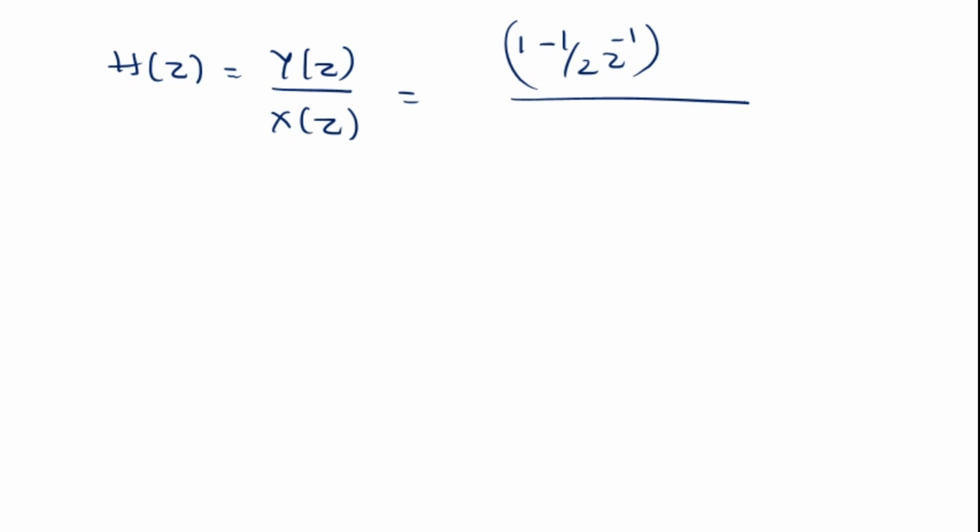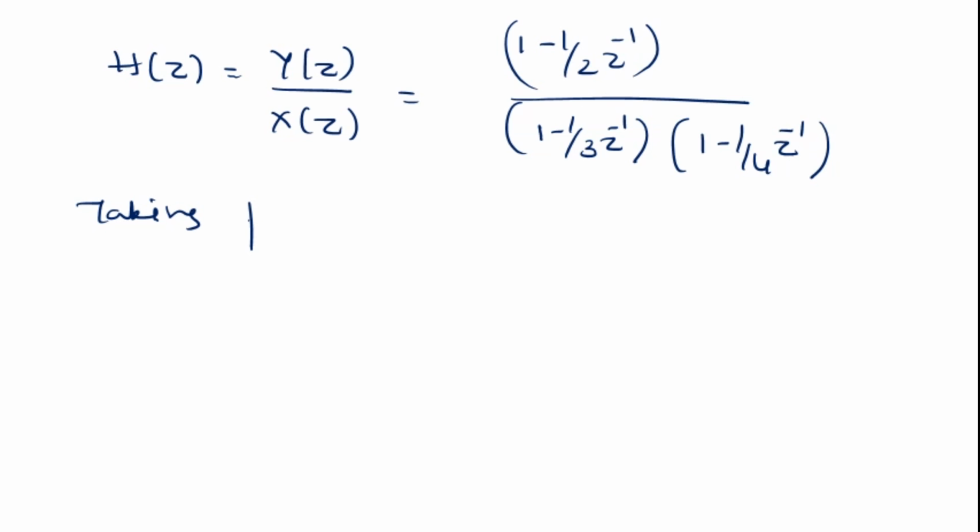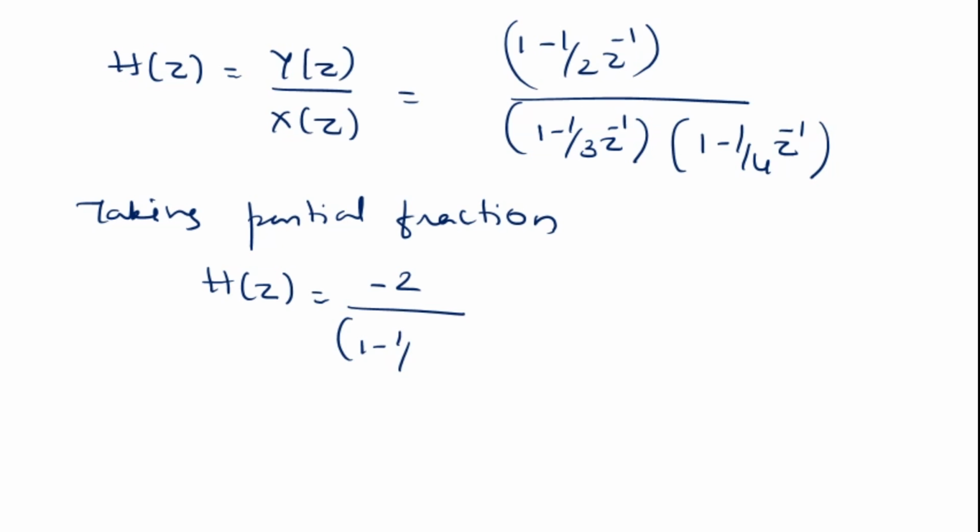Then h of z is equal to y of z divided by x of z, which is equal to 1 minus half z inverse divided by 1 minus 1 by 3 z inverse into 1 minus 1 by 4 z inverse. Using partial fraction, we get h of z is equal to minus 2 divided by 1 minus 1 by 3 z inverse plus 3 divided by 1 minus 1 by 4 z inverse.